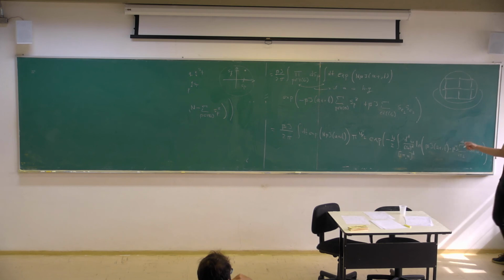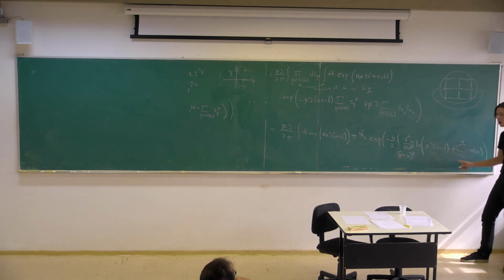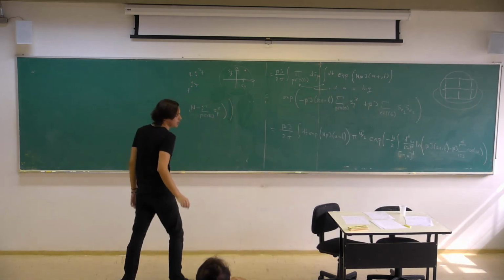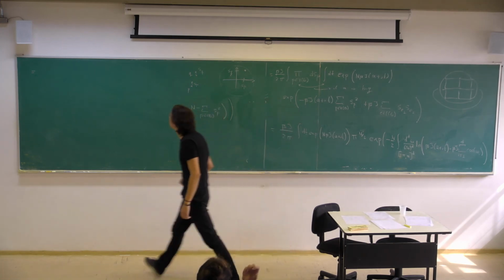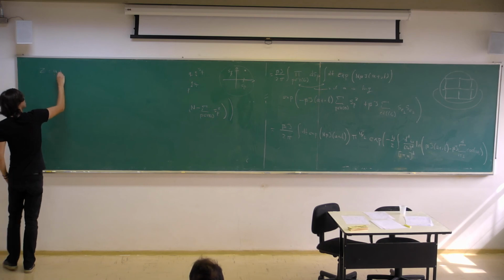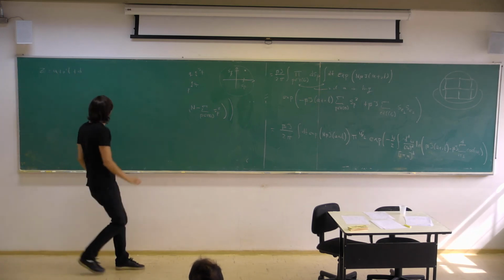So I want to control when this logarithm is positive to understand the analyticity of this complex function. To do that, I need to know when the real part of the argument of the logarithm is positive. So I do a change of variables, which is z equals a plus it plus d minus d.